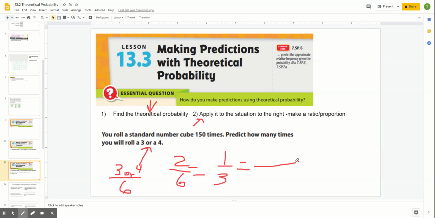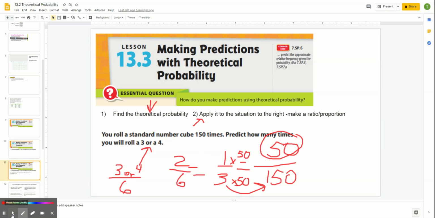So now I need to set up my proportion. All right, so how do I go from 3 to 150? That's times 50. All right, if you can't see that, you have to divide right to left. All right, and then once you see that, you would predict that 50 times you will roll a 3 or a 4. All right, so that's how you're going to do these problems.